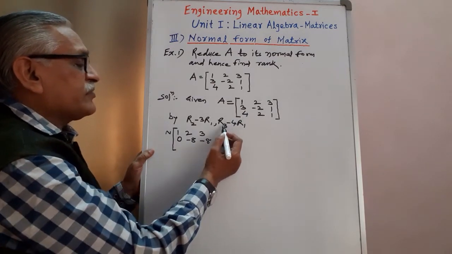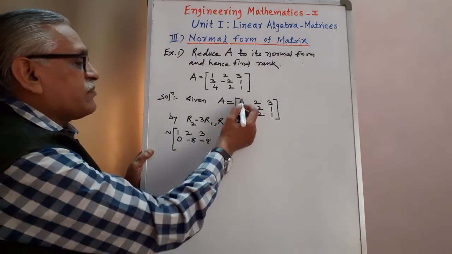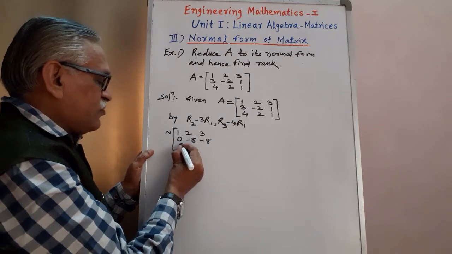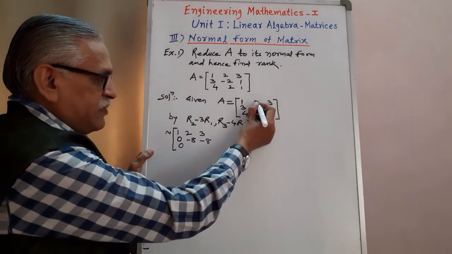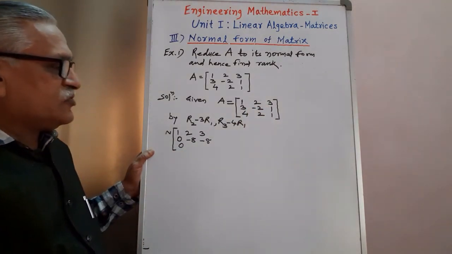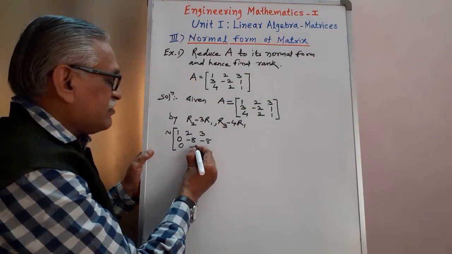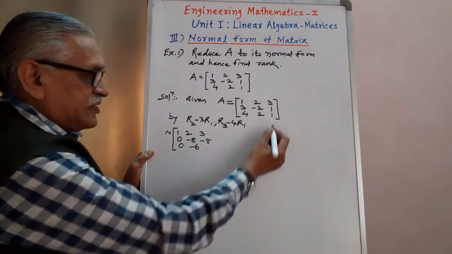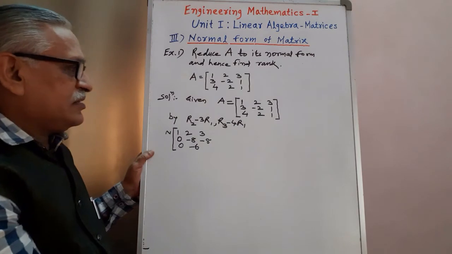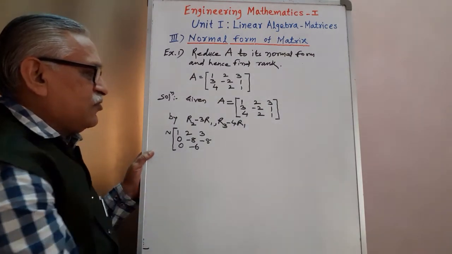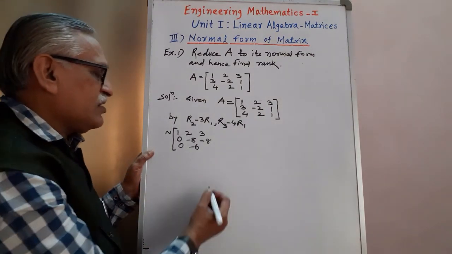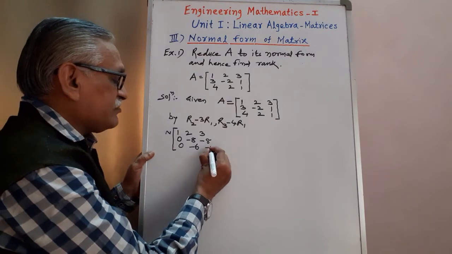Then for R3 minus 4 R1, 4 minus 4 times 1, we get 0. 2 minus 4 times 2, 2 minus 8, we get minus 6. And 1 minus 4 times 3, 4 threes are 12, 1 minus 12, we get minus 11.